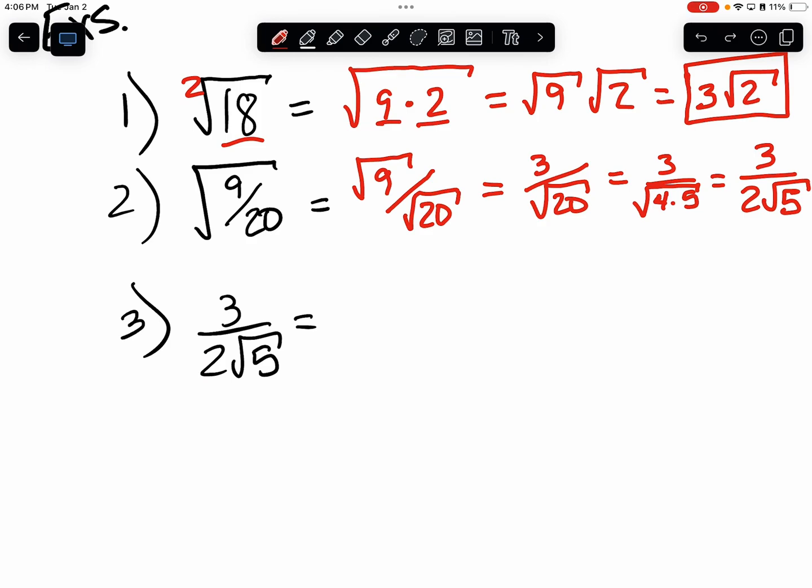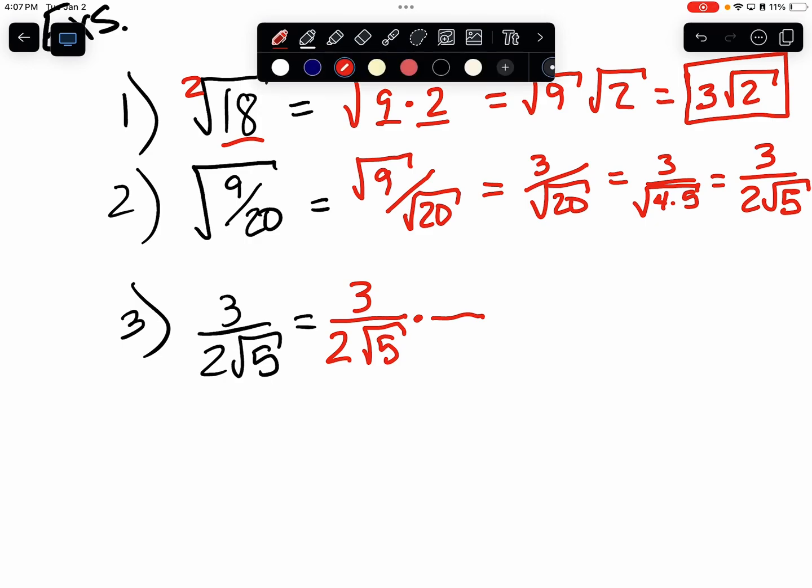All right, what we're going to do is I'm going to take my ratio and multiply it by a fancy version of 1, as I like to say. Now in this case, I want my radical to somehow clean up this radical. So I take radical 5 over itself, and this is the magic. Upstairs, we get a bit of a mess.